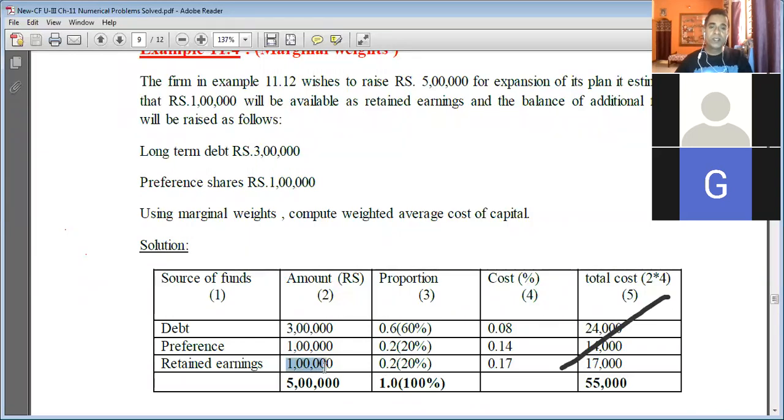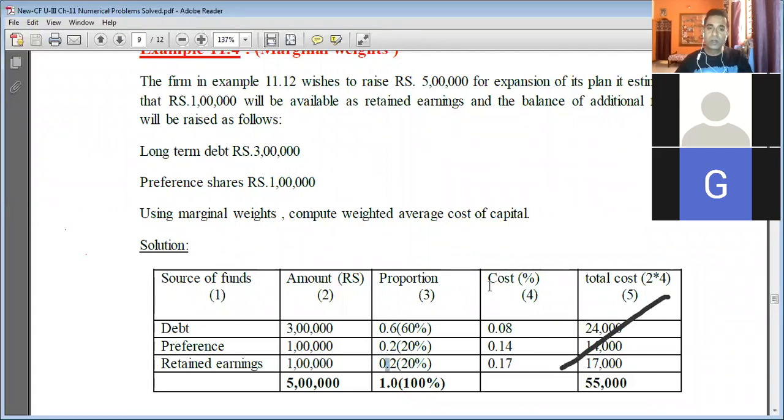Then 1 lakh rupee retained earnings out of 5 lakh rupees constitutes 20% of total additional capital, which is again 0.2. These are the proportions of each fund in the total additional capital. These are also called proportions or weights. Please remember these are the weights.